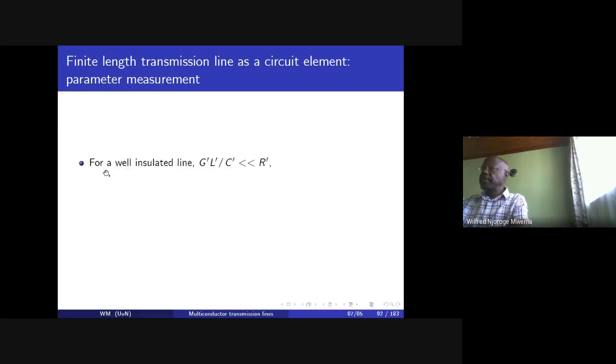And for a well-insulated line, we can expect that the product G prime L prime by C prime would be much smaller than the series resistance per unit length, because a well-insulated line means that the dielectric between the conductors is very close to a perfect dielectric, with therefore G very, very small. And therefore we can make that approximation. And in that case, the Q of the circuit becomes omega L prime by R prime, just like we have found in circuit theory.